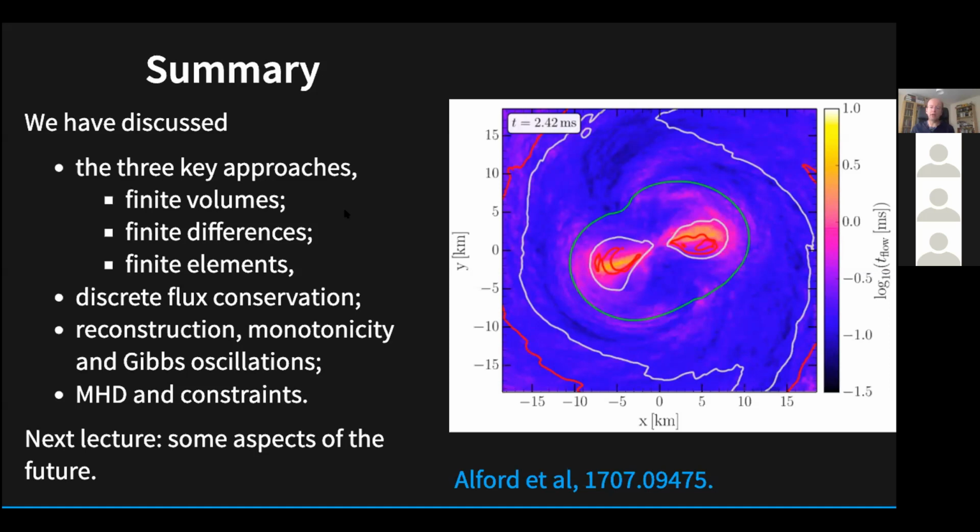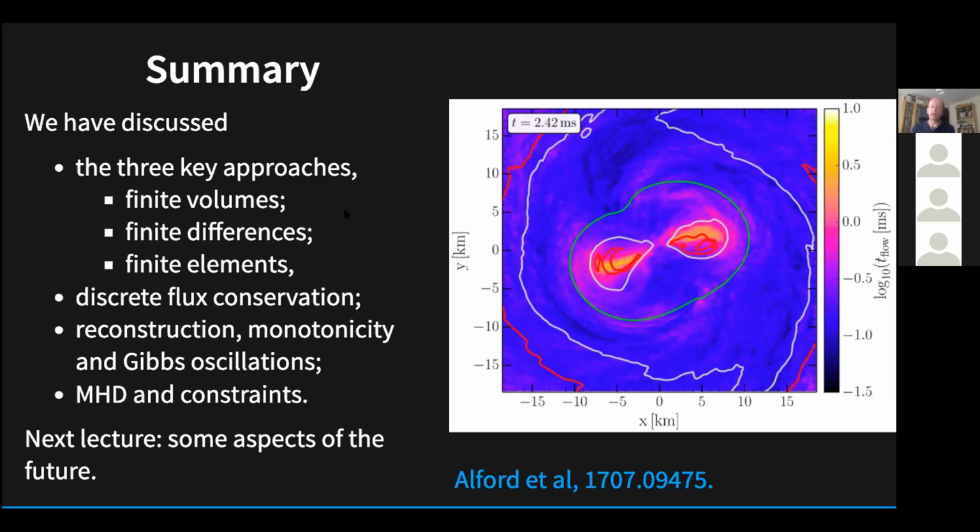And in the first lecture, I talked about it in terms of the past domain of dependence. But in terms of numerical methods, it's usually instead discussed in terms of the characteristic speeds. So what you need is that your numerical scheme, when it's predicting the value of a future grid point or grid cell, considers values from all of the grid cells whose characteristic information may travel to this cell.